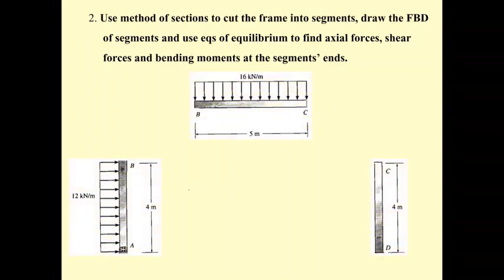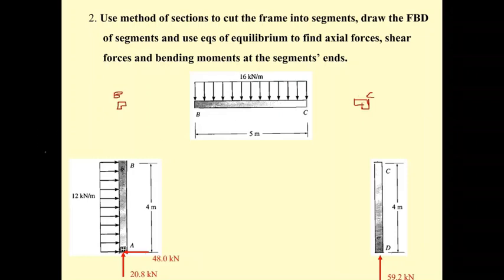And we put the reactions that we have into the supports at A and at D. Now the problem is, what are the shear force and the bending moment acting on the end of this member? When you cut this, don't forget about joint B and joint C, because they are part of the structural member.